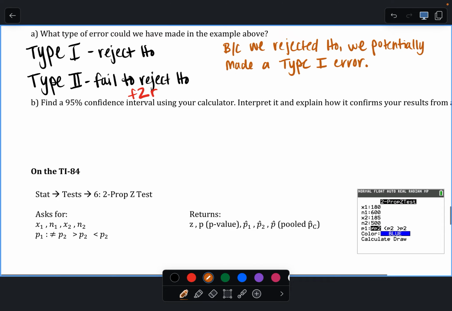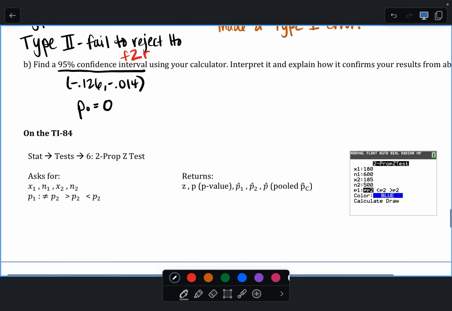Now, the other thing that was covered in that was, how do I relate a confidence interval to a significance test? So I went ahead and calculated a 95% confidence interval for this situation, and I used the calculator, and so I got negative 1.126 to negative 0.014. And the other thing that I want you to note is that if I'm doing a 2 sample, the null proportion is always 0.